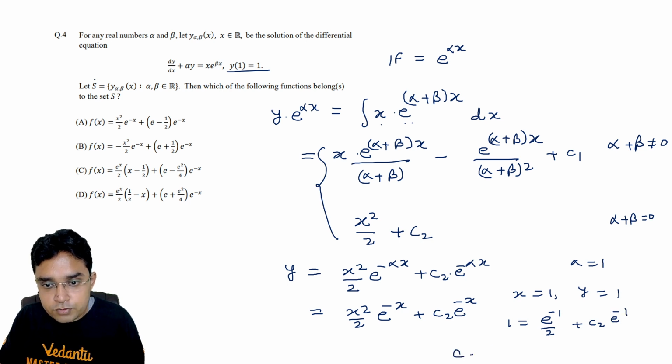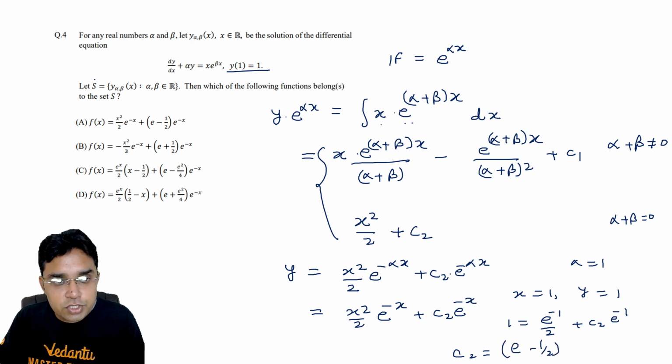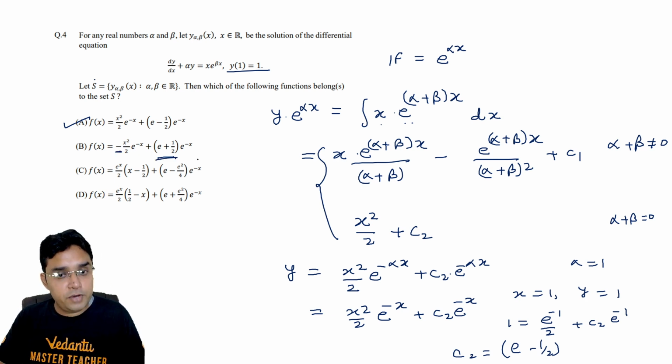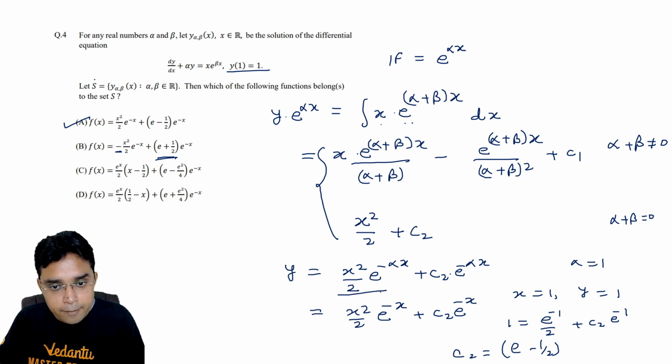So the value of c2 comes out to be (e minus 1) upon 2. So you can check, A seems to be correct. Yes, A is definitely correct and B is wrong because B has a minus sign here and the constant term is also different. We cannot bring the minus sign outside by doing anything.